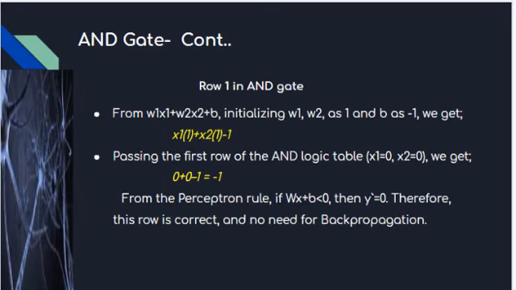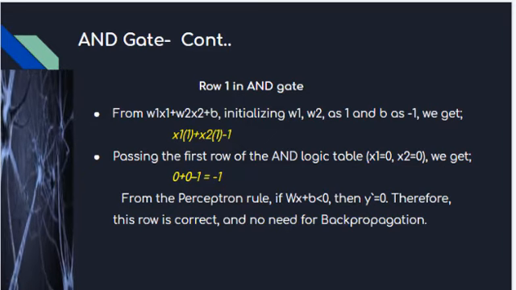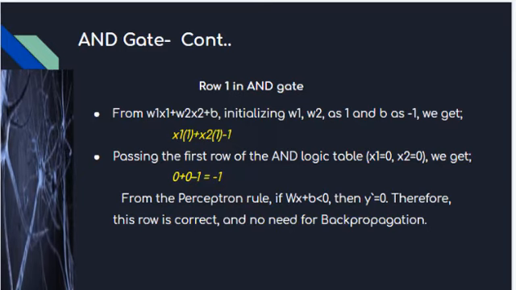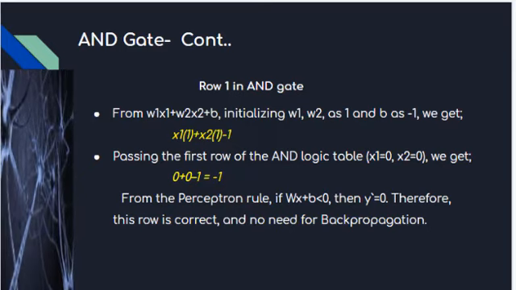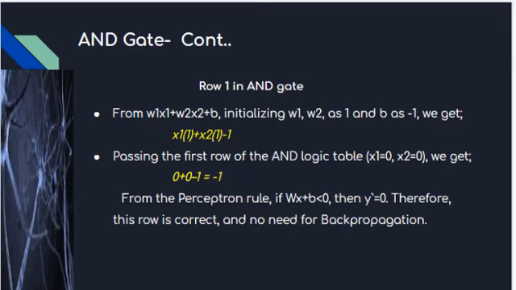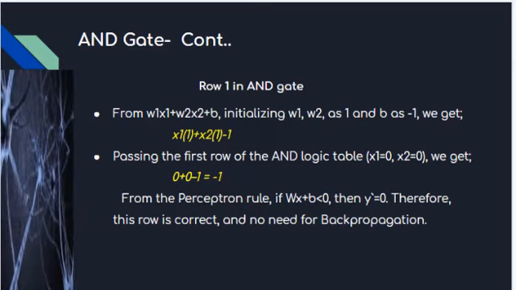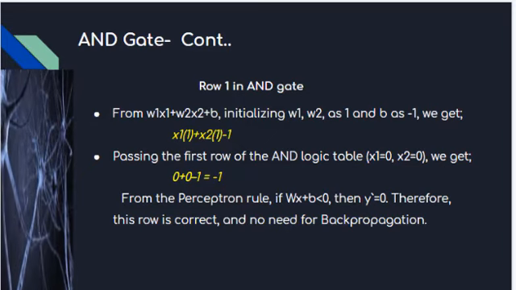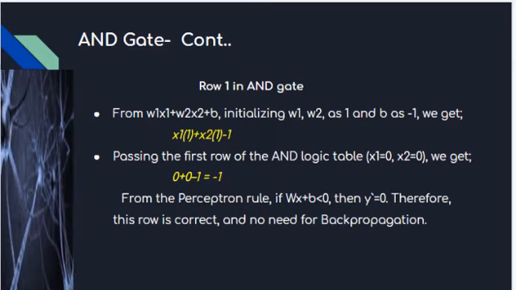Take row 1 from the AND gate table. From this, w1x1 plus w2x2 plus b, which is the important equation. Initializing w1, w2 as 1 and b as minus 1, we get x1 of 1 plus x2 of 1 minus 1.